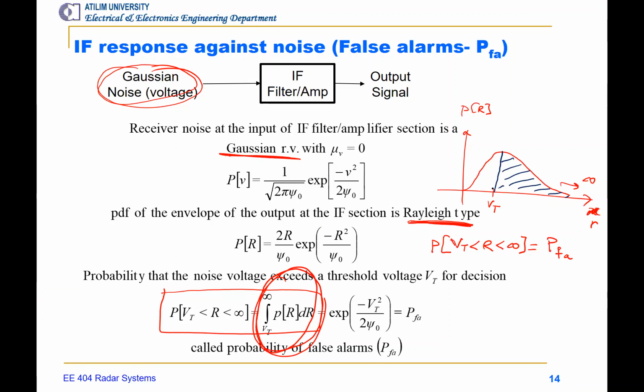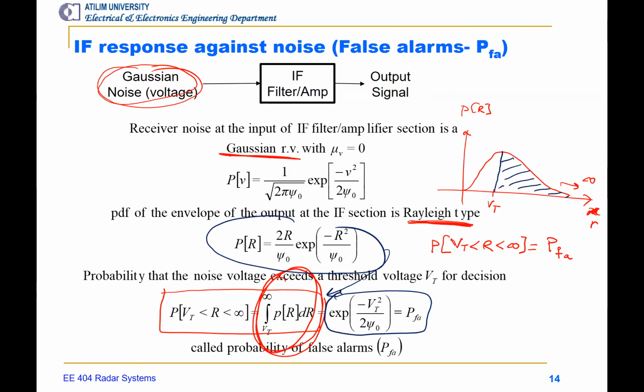We are not going to give the details here. This should be inserted into this integration and then evaluated. You will get this one.